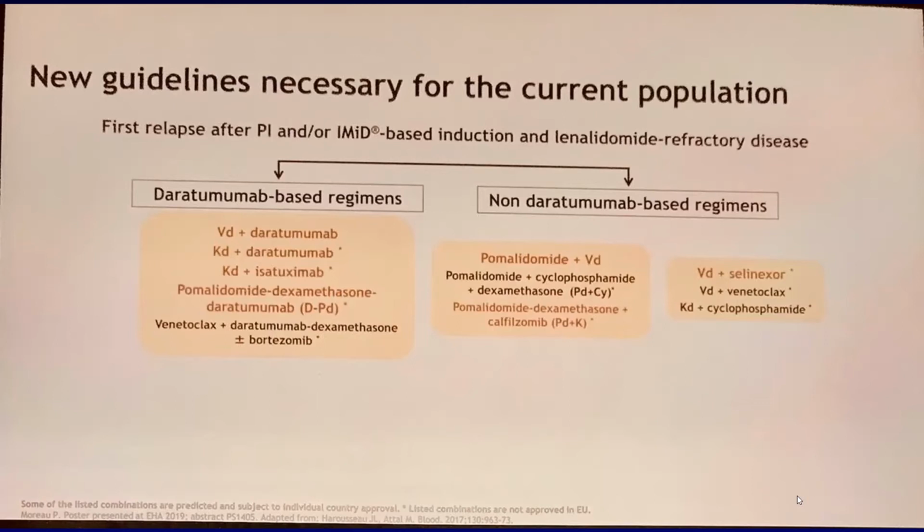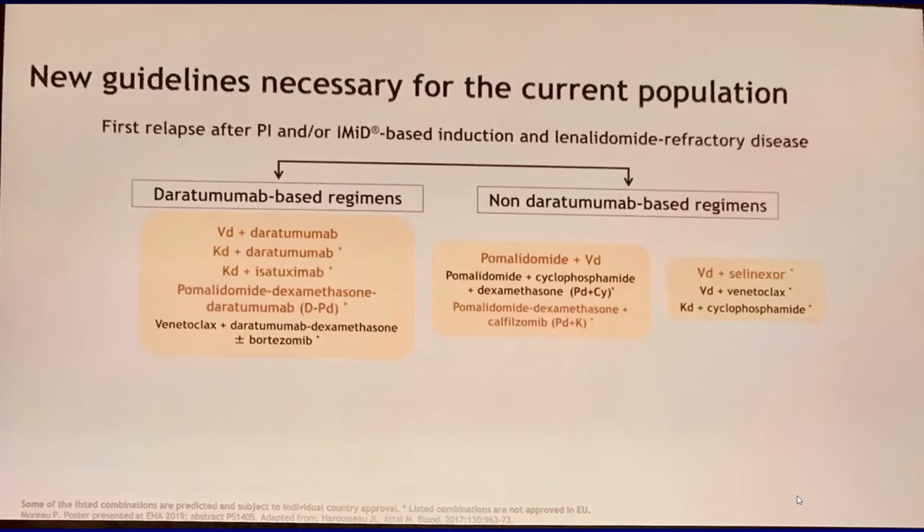If we choose the first group, we give VD with daratumumab, or KD with daratumumab, or KD with isatuximab, which is again an anti-CD38 monoclonal antibody, same as daratumumab. Or we might proceed with pomalidomide, which is the third generation of the IMiDs, and dexamethasone with or without daratumumab.